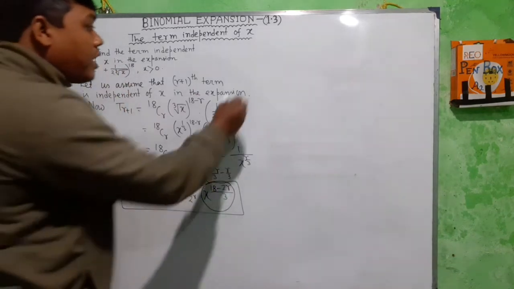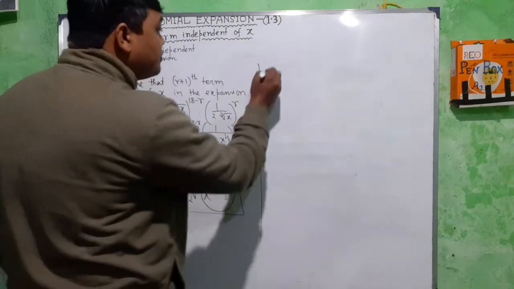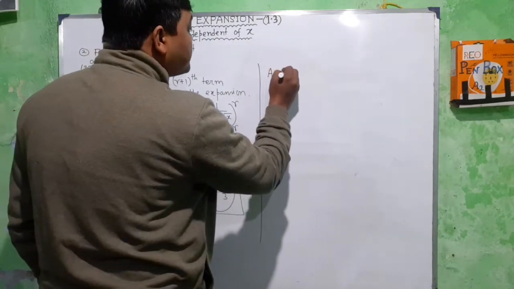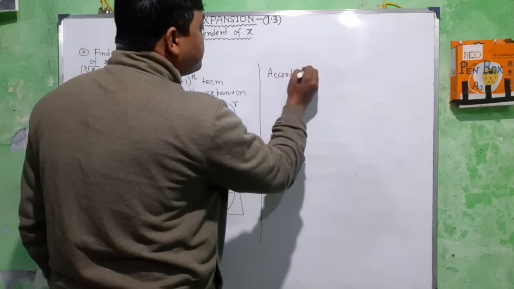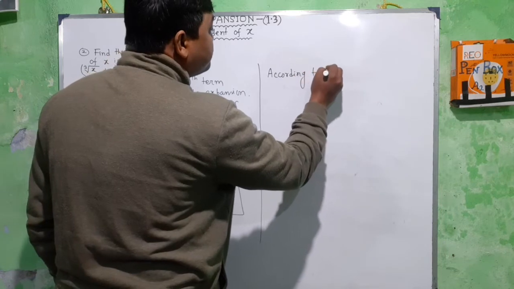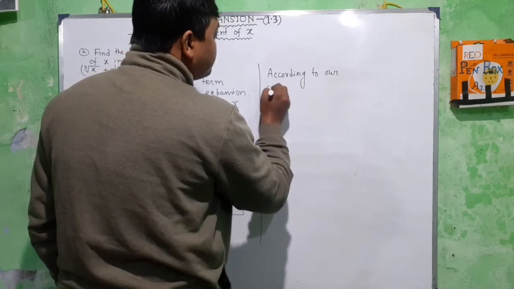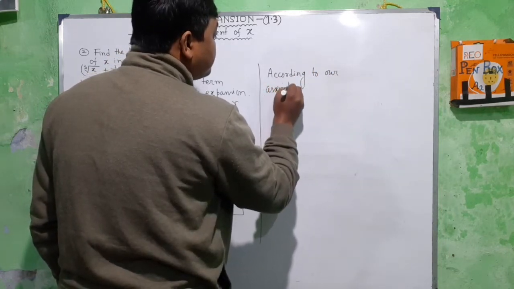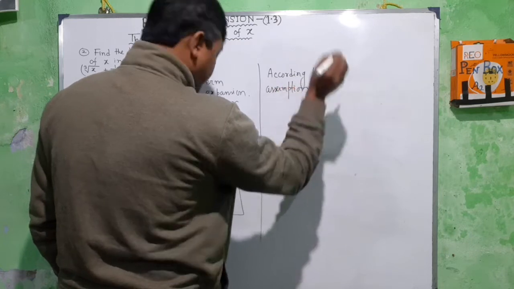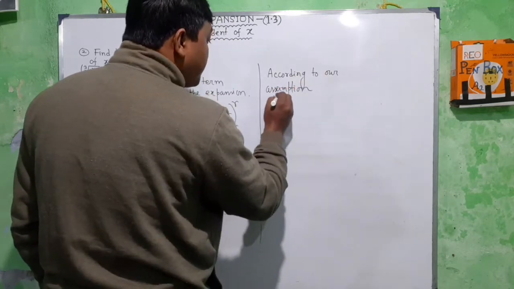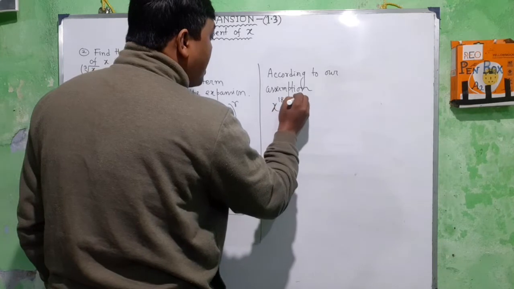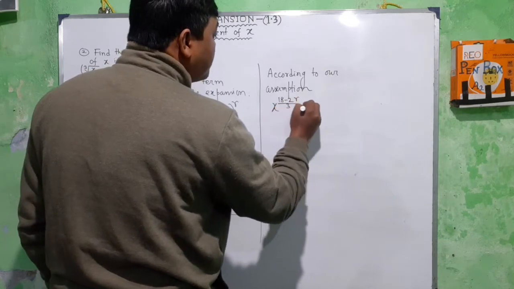So according to our assumption, x to the power (18 minus 2r) by 3 equals 1.